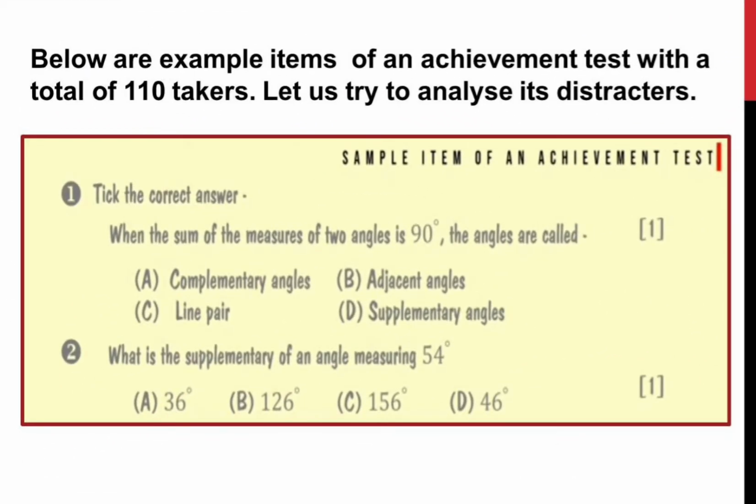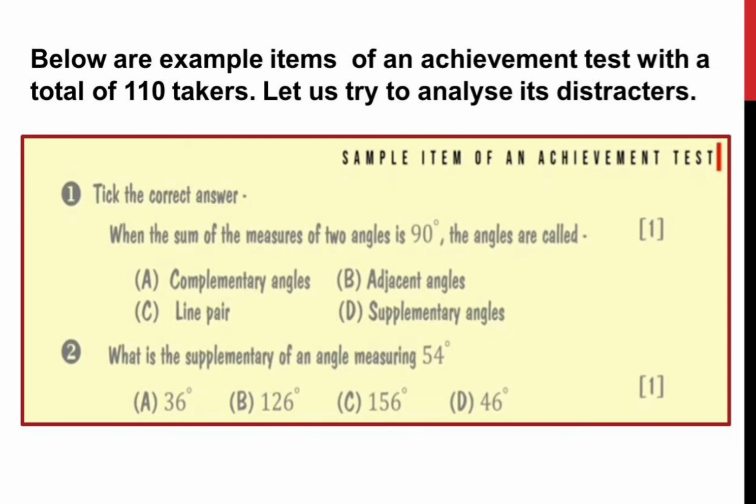For us to further understand the concept of distractor analysis, here is an example of an achievement test with a total of 110 takers. Let us try to analyze its distractors. Question number 1.